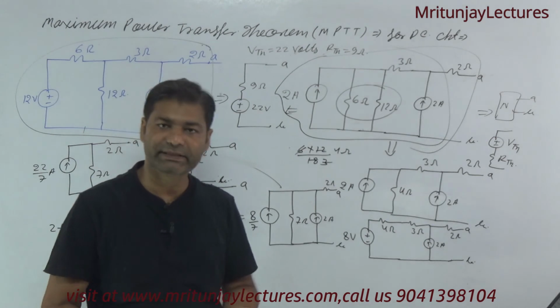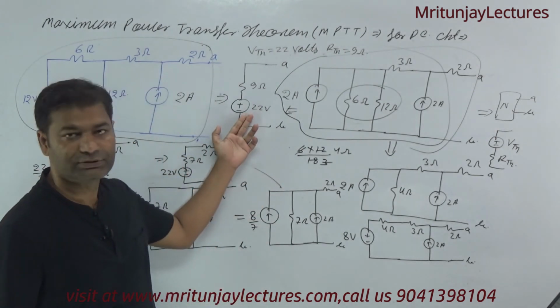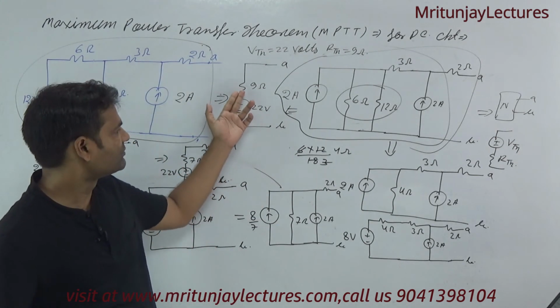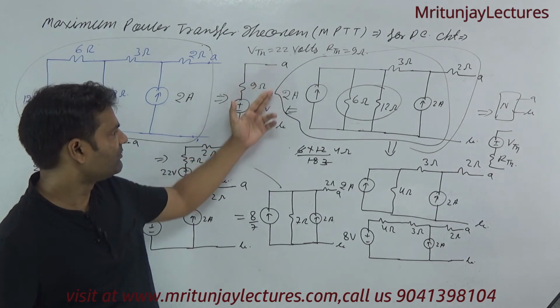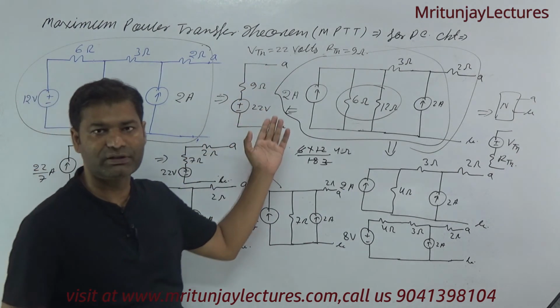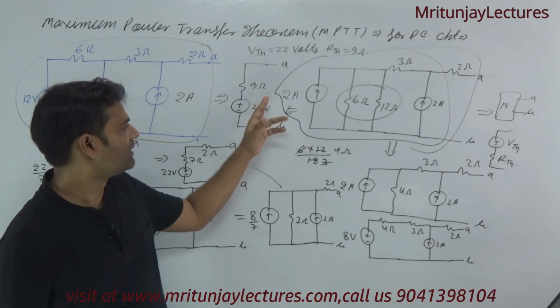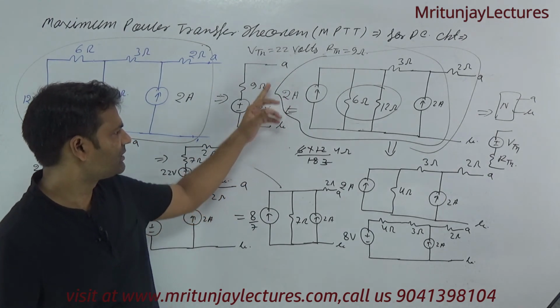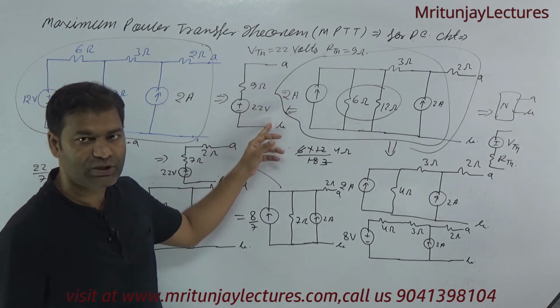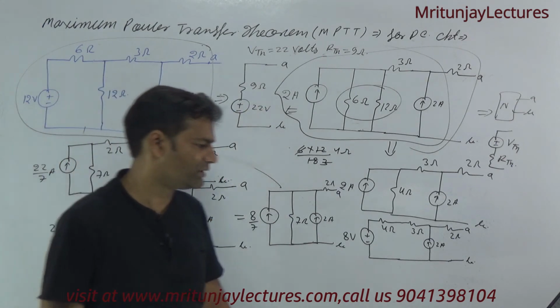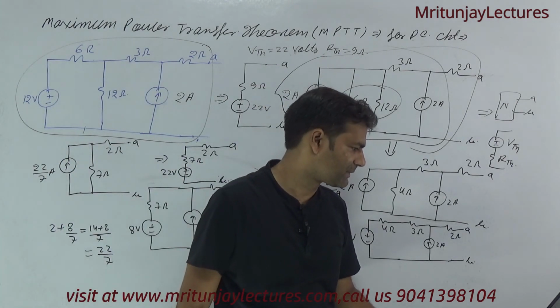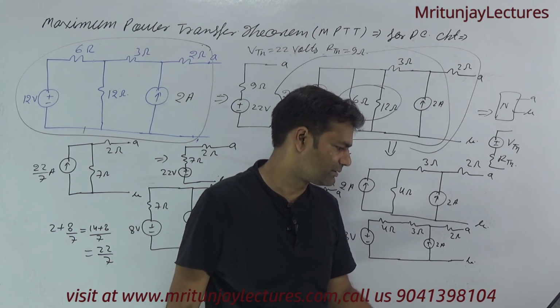If you determine RTH, then the voltage source is 0, that means short circuit. What about V of AB? That is 9 volt. Equivalent resistance corresponding to AB is 9 ohm. So clear what I am saying? If you face a problem, then tell me.